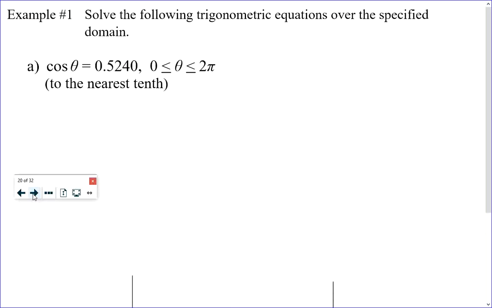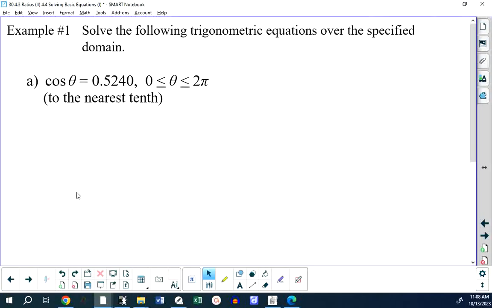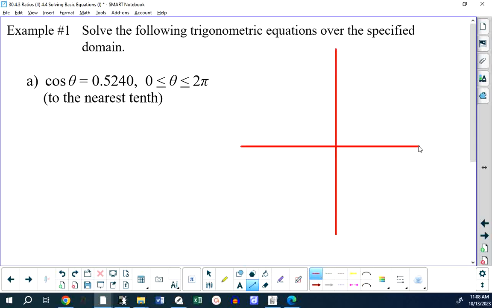We're going to solve equations. Would you agree if I say solve cos of theta equals 0.5240 from 0 to 2 pi, that what I am telling you is I'm looking for locations, and I can talk about the unit circle here.